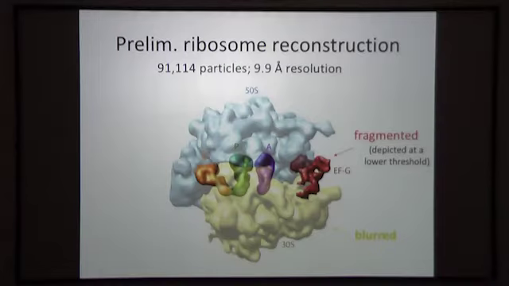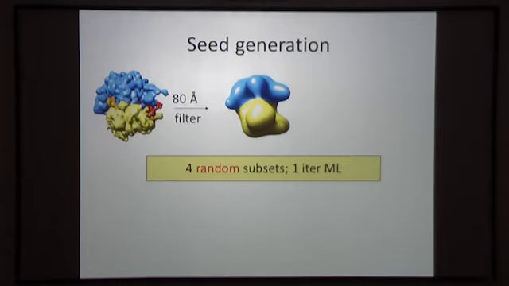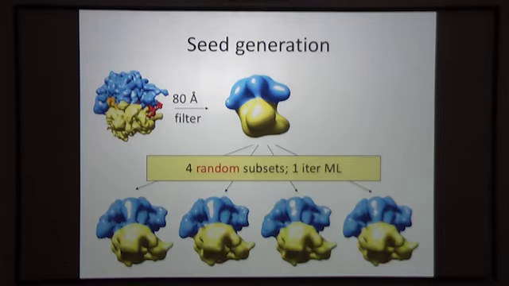And then what you can do in this maximum likelihood approach, and RELION still uses the exact same approach, is you start from a very low-pass filtered version of this consensus structure, and then you choose how many different classes there should be, and that's something you have to do. And then you take 4 random subsets of the images, and you refine each random subset against projections of this initial consensus model, and then you get 4 models which are slightly better because they've gone through a single iteration of refinement.